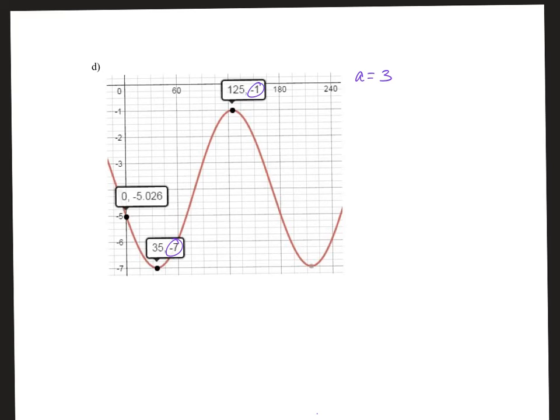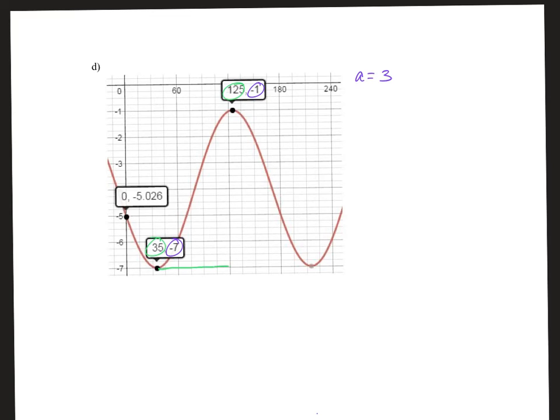We also notice that I haven't been given maxes and mins enough to just blindly go, well, I can see the coordinates of that. And if I were to scan up to try to see, I'm estimating up there. Okay, I never want to estimate if I can avoid it. And I actually have enough information on this graph to work my way through. I have that my minimum goes from 35 up to a maximum of 125.